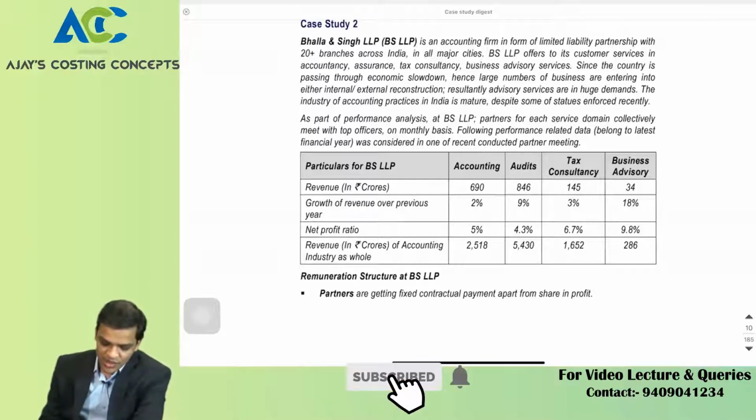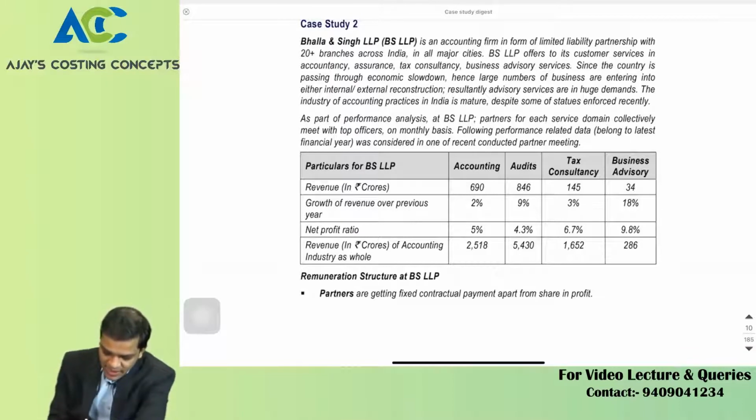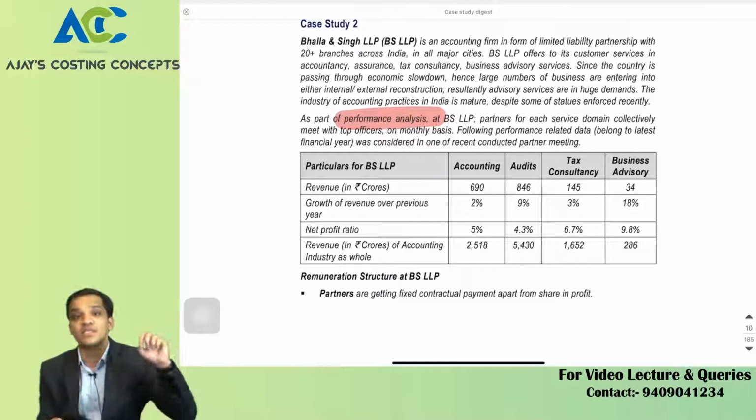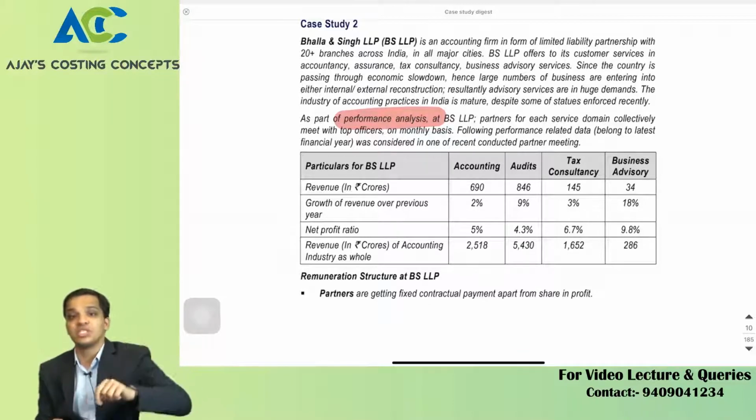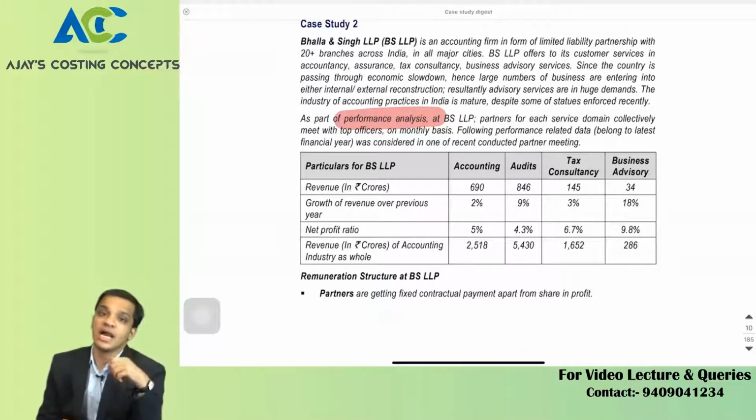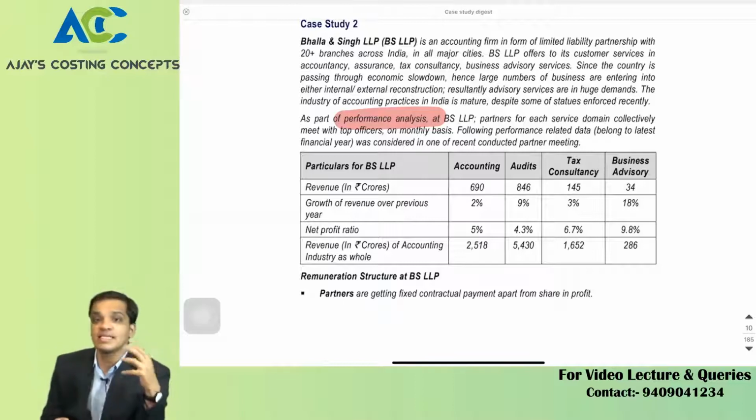The accounting practice industry in India is mature despite some statutes enforced recently. As part of performance analysis, the moment I read performance analysis, that means this question is about understanding or analyzing what the performance is.